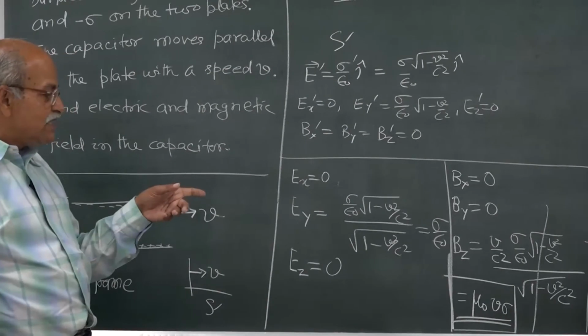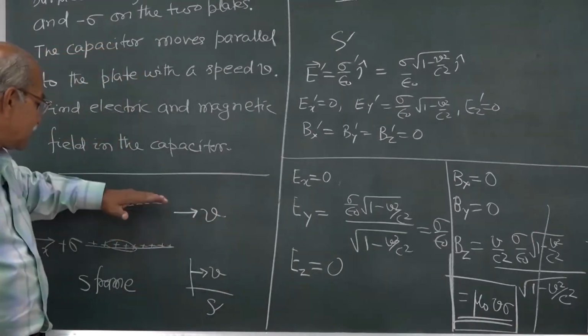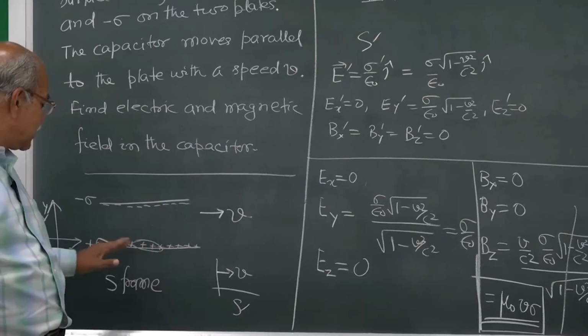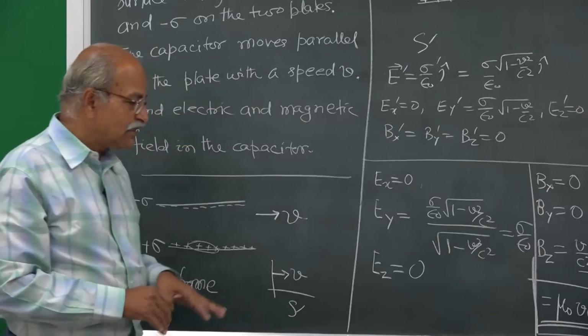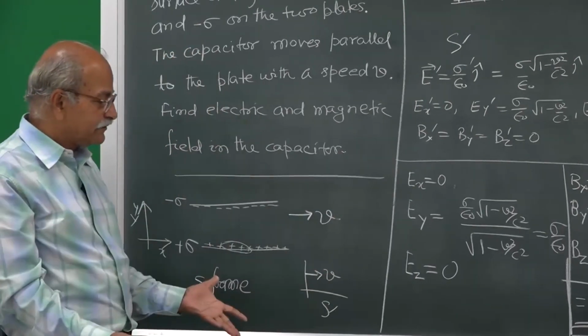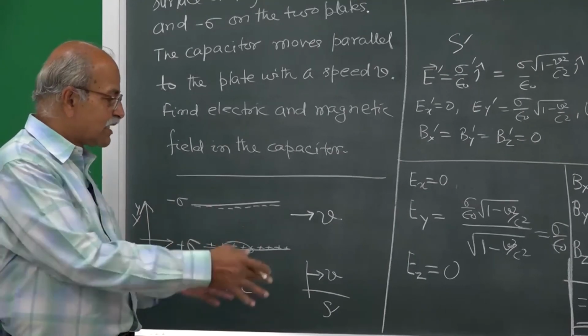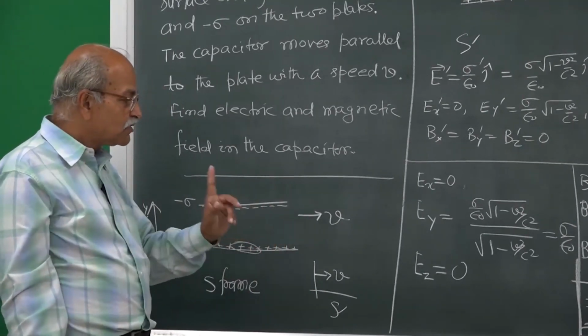V into sigma is called the current density for this plate as well as for this plate. If you have surface charge density sigma and the whole thing is moving with velocity v, you have a current density defined as sigma times v. So you can just write it as mu naught times k.